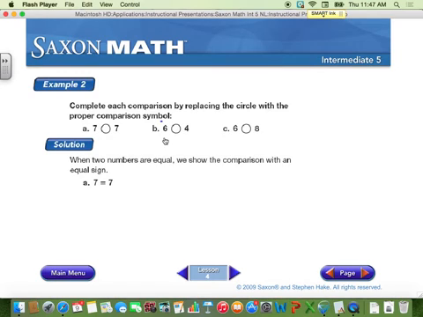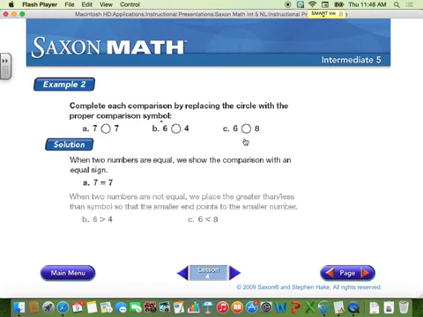Okay, and the next one would be 6 compared to 4. We know that 6 is a greater number than 4. When two numbers are not equal, we place the greater than or less than symbol so that the smaller end points to the smaller number.